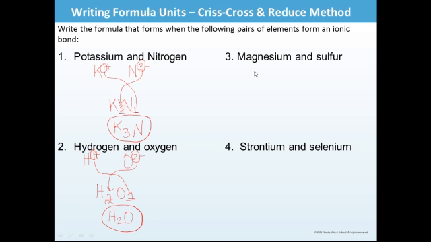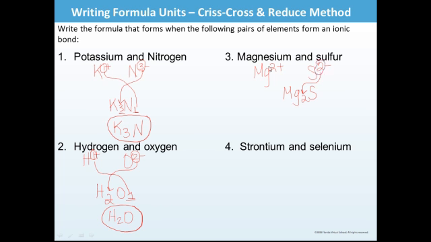Magnesium and sulfur. Magnesium on our common charges periodic table says Mg2+. Sulfur is S2-. We're going to do our crisscross and reduce. I'm going to write my elements a little bit closer together because it's going to be a compound. I'm just going to save a little bit of space in between to write a subscript. I crisscross the charge. Whatever sulfur's superscript is, that number becomes the subscript here.